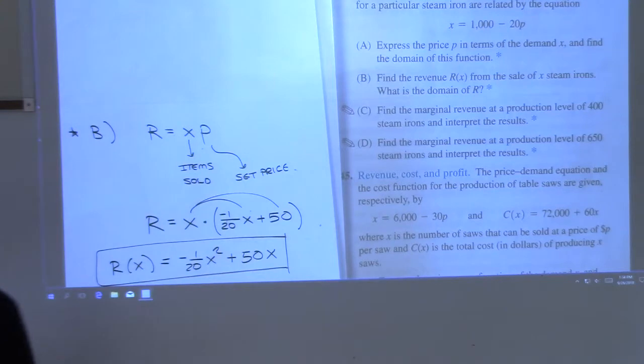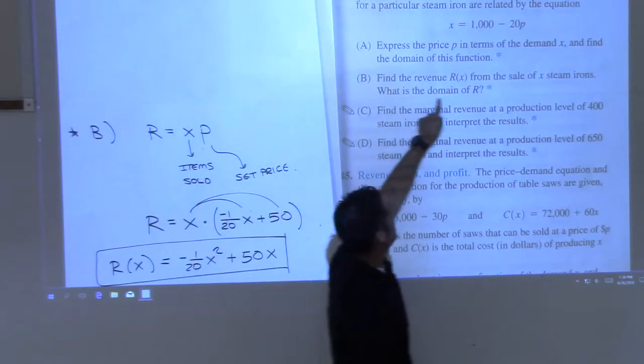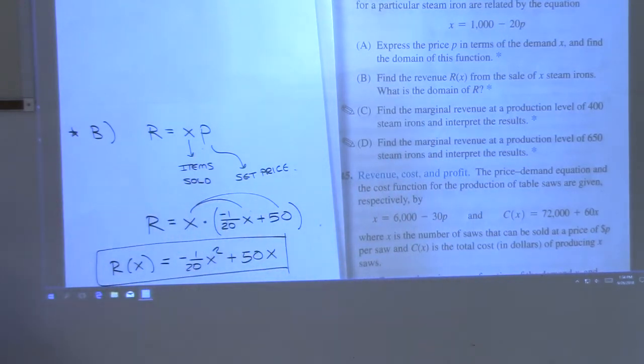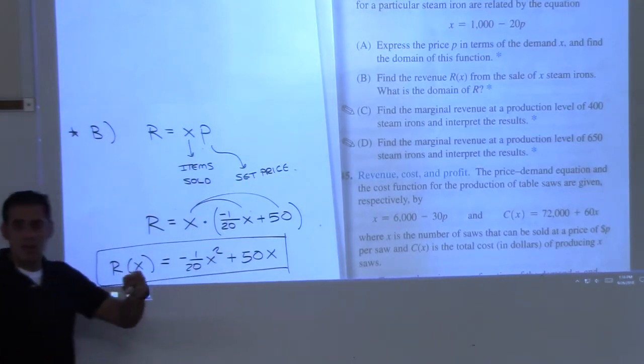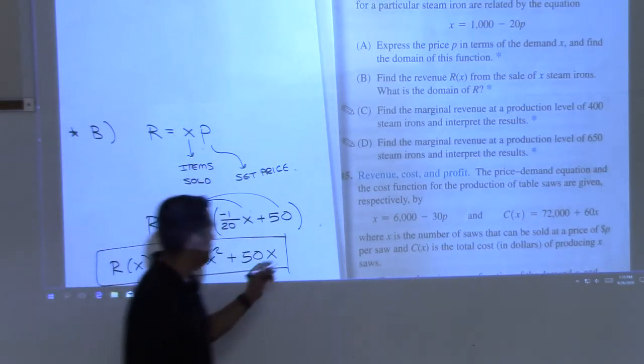Questions? It asks for the domain of this revenue function. That's part B. What's the domain? Well, the domain for this is the same as the domain that we got in part A. Remember, our price had to be greater than 0, and we said that meant our demand, our x, had to be less than 1,000.